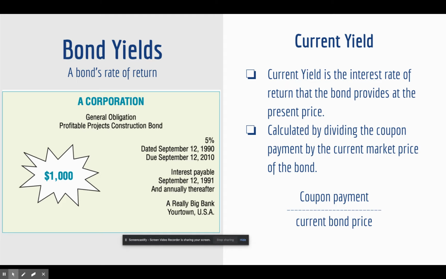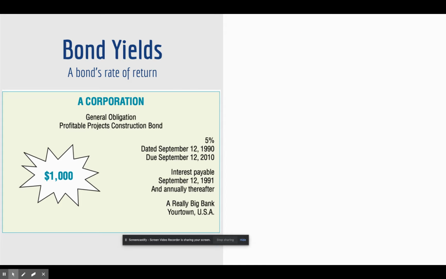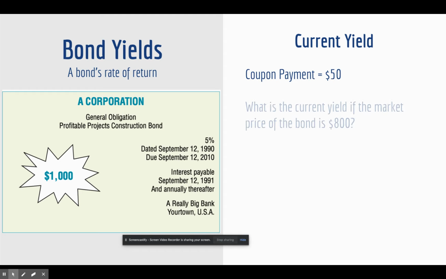The calculation part is fairly simple, but it's more understanding the components of it as we go forward. So in this example, we have a coupon payment of $50. Remember, our coupon payment is always calculated off the face or the par value of our bond. But what if, remember bonds can be bought and sold in the market, this bond was only currently being sold, or priced in the market at $800?